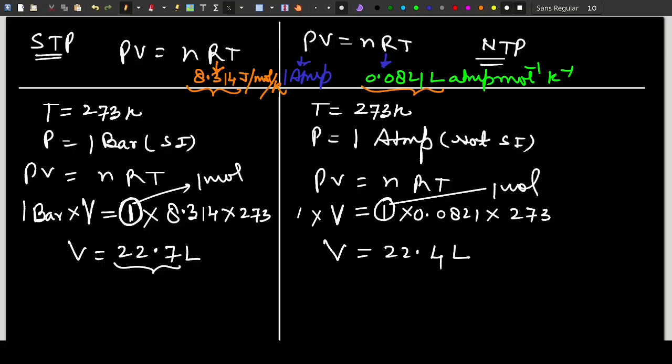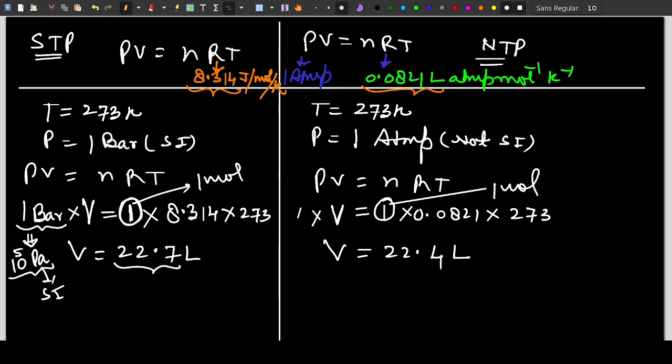Friends, here 1 bar we should change in terms of Pascal. So this will be 10 to the power 5 Pascal, because finally Pascal is SI.